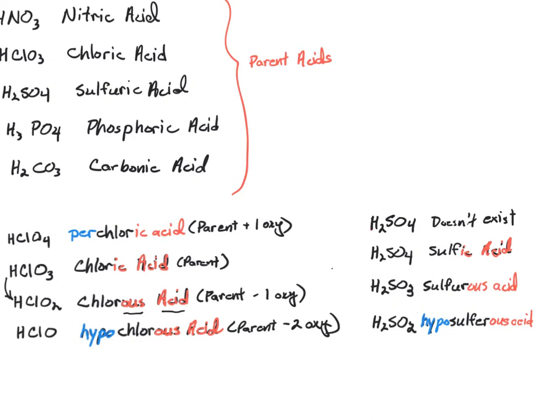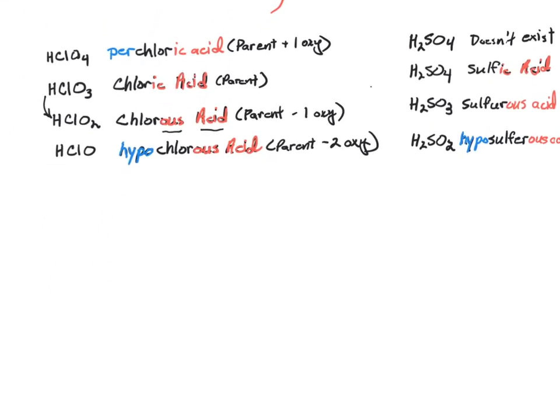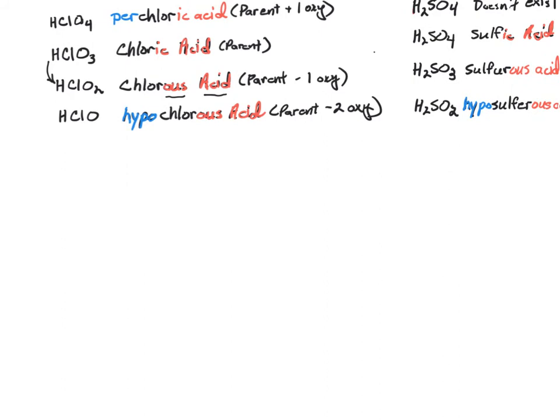Now, in addition to the oxoacids, we can look at the anions of the oxoacids. Basically, these are the compounds that are produced when you take an H away from an oxoacid.